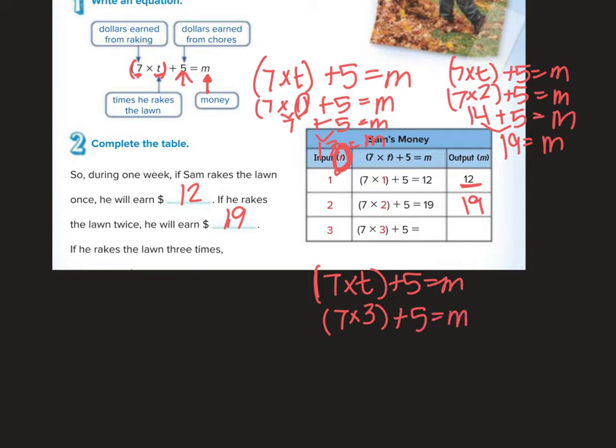Bring everything down. Only thing I changed was that t is now a 3. 7 times 3 is 21. Plus 5 equals m, bringing even the equals m down every time. 21 plus 5 is 26 is equal to m. So our output is 26. And that means that's how much money he's going to make if he rakes the lawn 3 times. He will make $26.